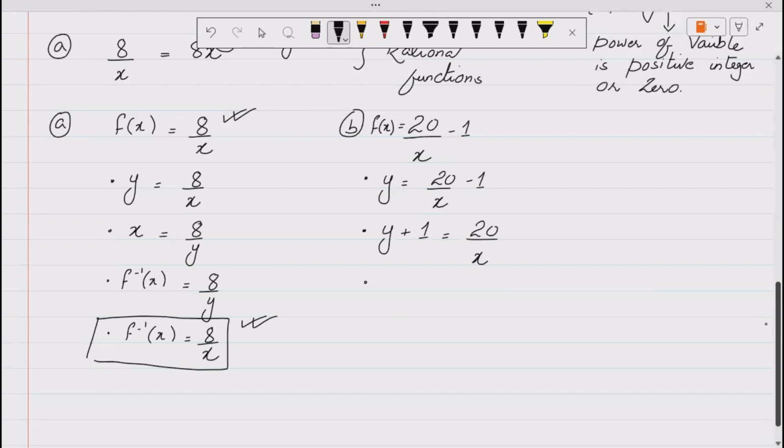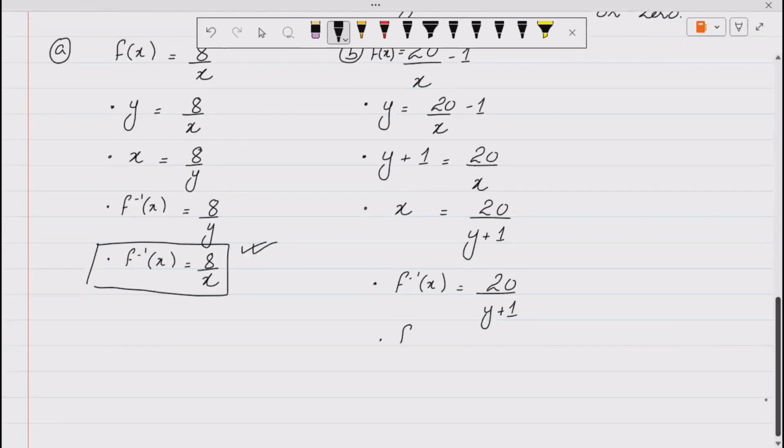Then this x goes here, and this y plus 1 comes in the denominator. Now replace x with f inverse x, 20 over y plus 1, and then y with x. So f inverse x becomes 20 over x plus 1.